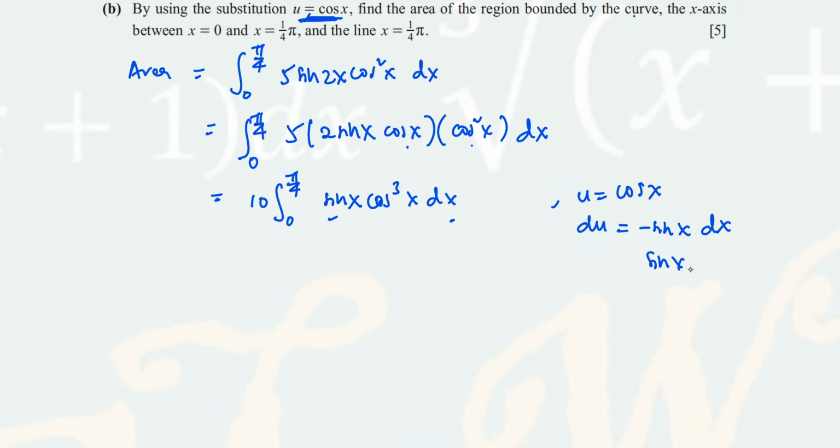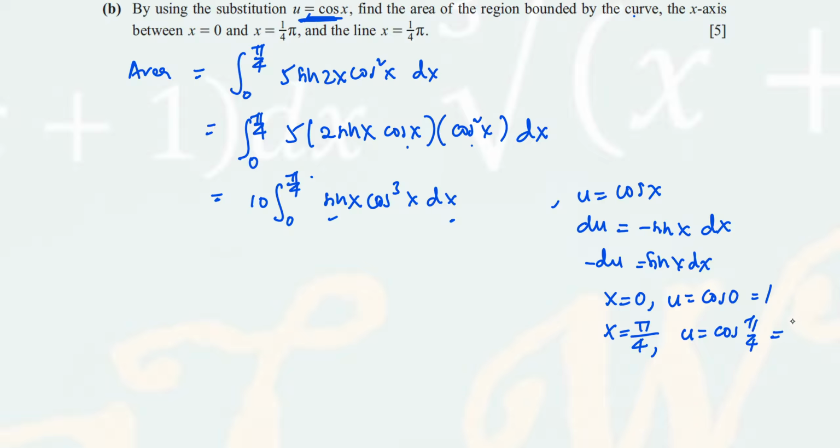So I will write sine x dx equals to negative du. At the same time, the 0 and 1 over 4 pi. So when x equals to 0, your u is cos 0, that is 1. When x equals to 1 over 4 pi or pi over 4, your u is cos pi over 4.